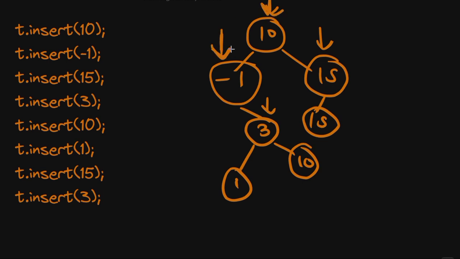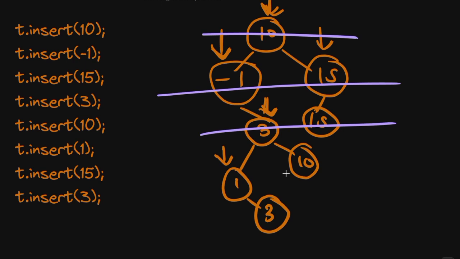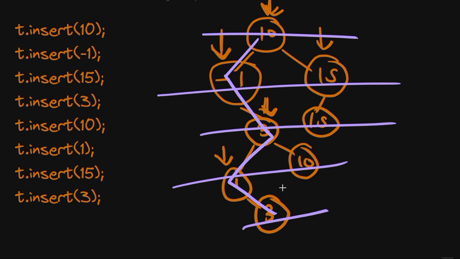It will go to the left. It will check here. So 3 is greater than -1. Then it would come here. 3 is equal to 3, so it will be left biased, so it will come here. Now if we check the height, this is 1, 2, 3, 4, and 5. So this is how the maximum height gives us 5.